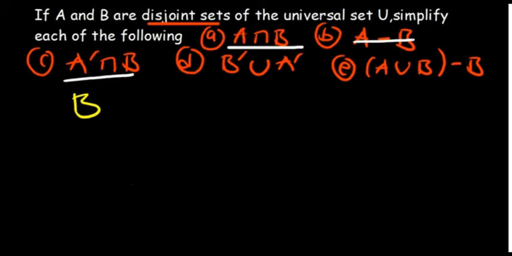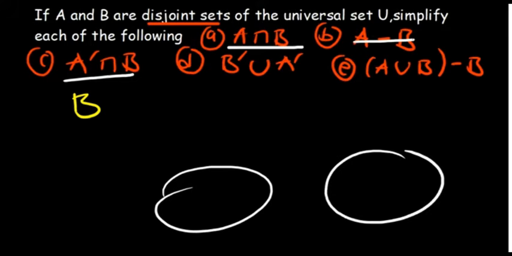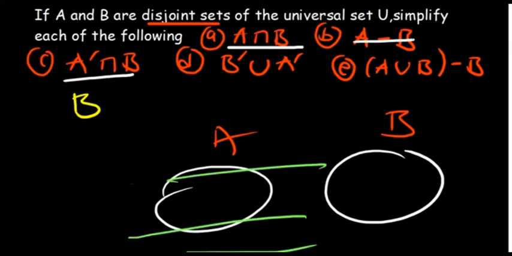Then for the other part we have B complement union A. So this is our B and that is our A. Well, let me start with A. Say this is our A, then that is our B. For B complement, we're interested in the region outside B, so it's basically this entire region outside B. Then for A complement, I can use a different color.